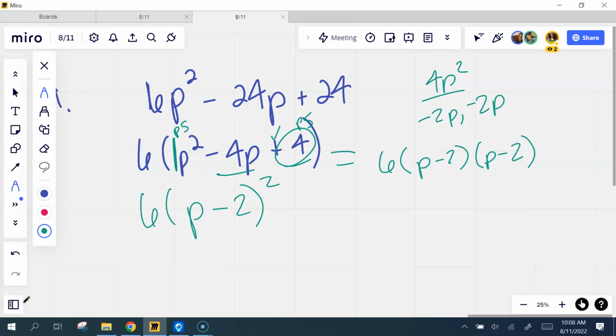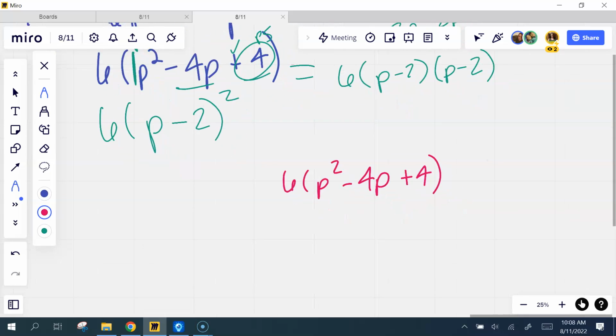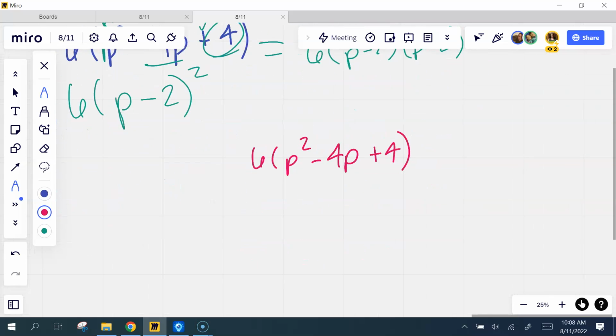Same thing. Or you could go all the way back to the very first way we talked about factoring, and it still works because grouping will always work for you. So when in doubt, group it. Again, it's negative 2p and negative 2p. Slash it.